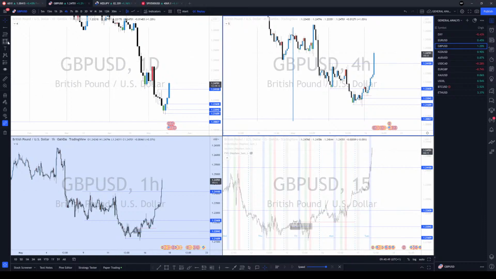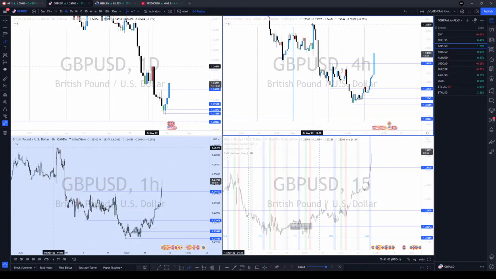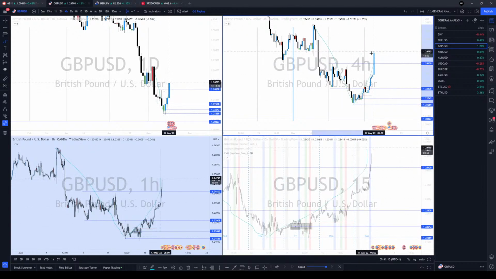Now some of you might look at this as a break in market structure, but this is not a break in structure. Look at this whole move as an impulse leg, and this is a pullback. Don't look at this as impulse, therefore we have a break in structure, and then look for a pullback and buy.